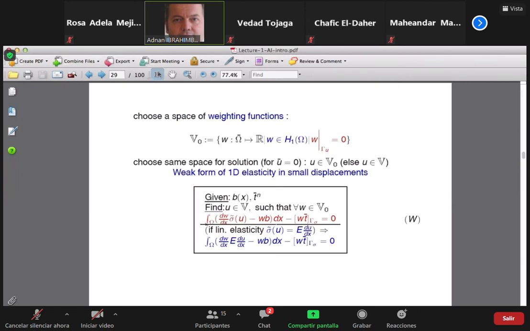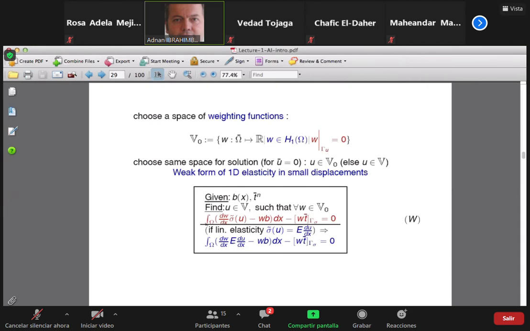I integrate this. I need to multiply by some kind of weighting function. So it's not only that I'm integrating, but I'm actually using a weighting function which is averaging this result over the length of the bar. And then I do integration by parts, and I can show that the strong form could be replaced by the so-called weak form.